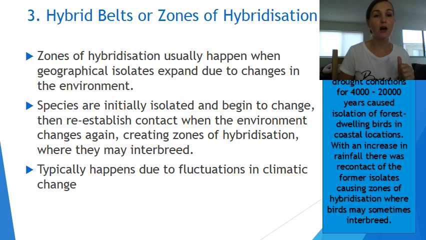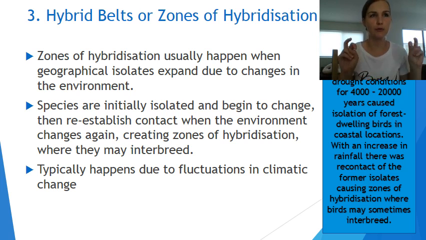Okay, the next one is hybrid belts or zones of hybridization. Okay, so zones of hybridization is almost the next step after geographical isolates. So it happens when you have geographical isolates, but then a change in the environment causes these isolates to expand, so almost to come back together, and then species which were initially isolated re-establish contact and start to interbreed, creating this hybrid zone.